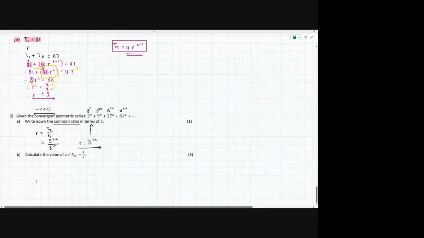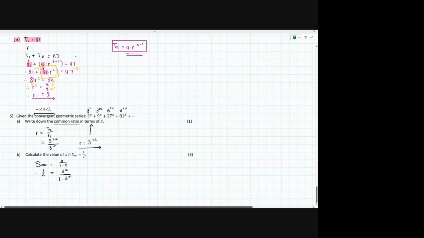And then it asks me to calculate the value of x if the sum to infinity is a half. So our sum to infinity formula is a over 1 minus r. We know the sum to infinity is a half because it was given to us. We know that a is 3 to the power x, that's my first term, over 1 minus 3 to the power x. And we can go and solve our equation. Again, this will be an exponential equation that we're solving.